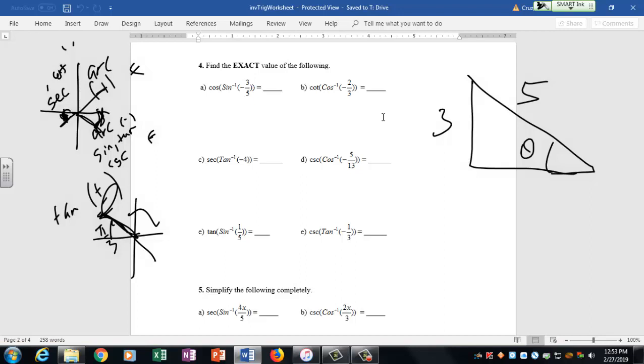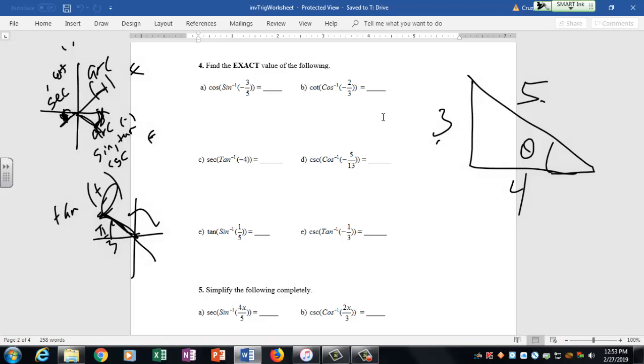As long as you're dealing with the quadrant and asking whether it's positive or negative and which quadrant that's going to be, you're totally cool. If this is 3 and this is 5, I hope I don't have to do a lot of work to tell you that's 4. It's a 3, 4, 5 right triangle. All right? Some of you are going like this, but what if it's not? Well, then use the Pythagorean Theorem. Okay?